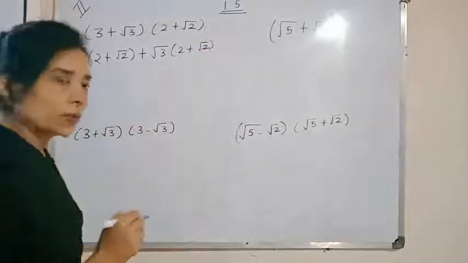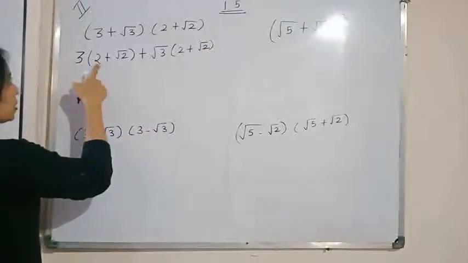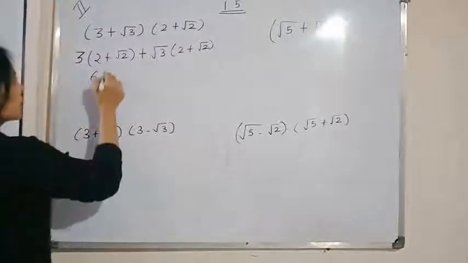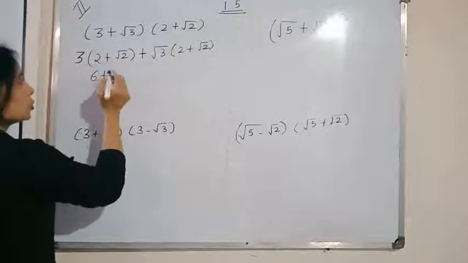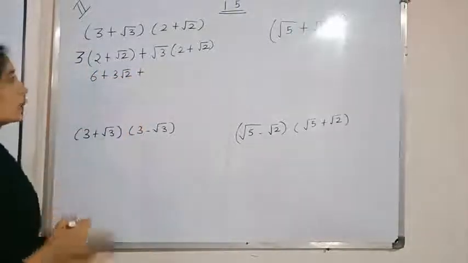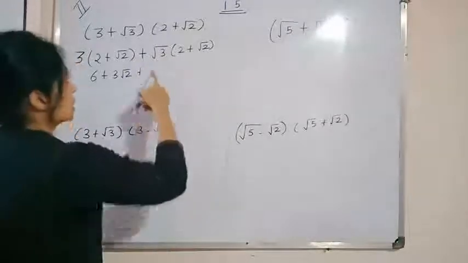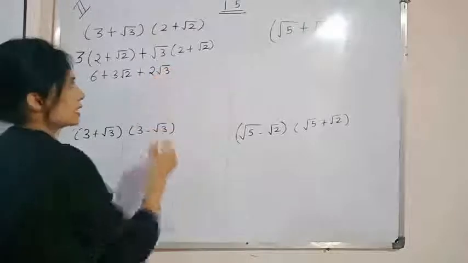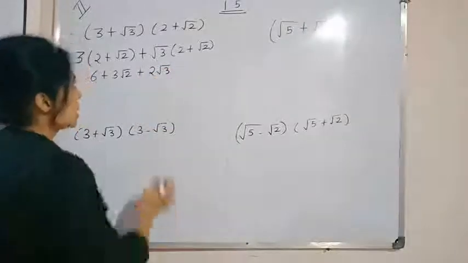Now we have to multiply. 3 into 2 will be 6 plus 3 into root 2, that is 3 root 2 plus. Now come to the second bracket. Under root 3 into 2 would be 2 root 3. Always write under root afterwards.